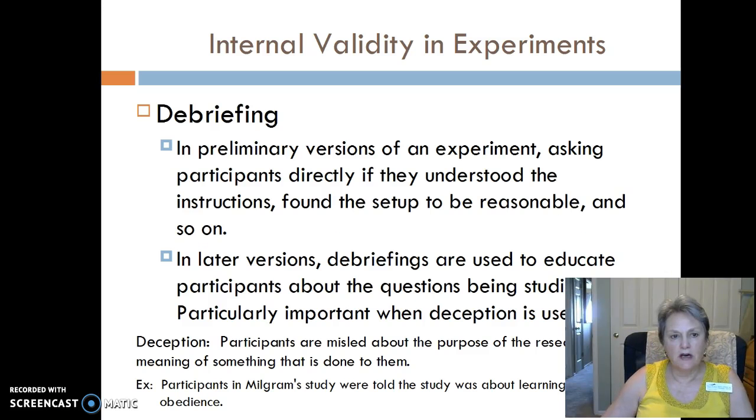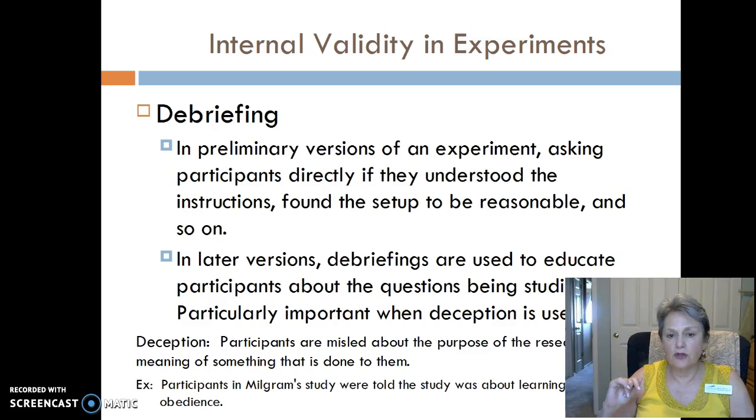Our book talks about the importance of debriefing in experiments, either during the preliminary stages of the experiment and particularly after an experiment is conducted. So in developing an experiment, debriefing involves asking the people participating directly if they understood what the directions were, if they thought that it was a reasonable kind of design for the experiment, asking them their opinions about it.